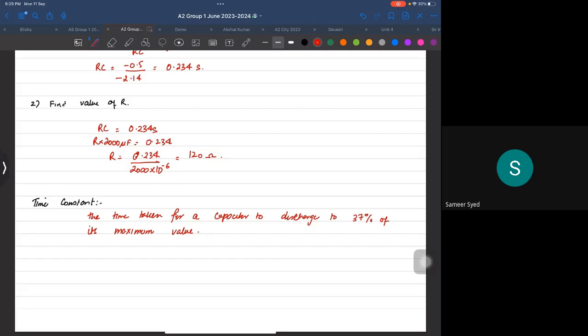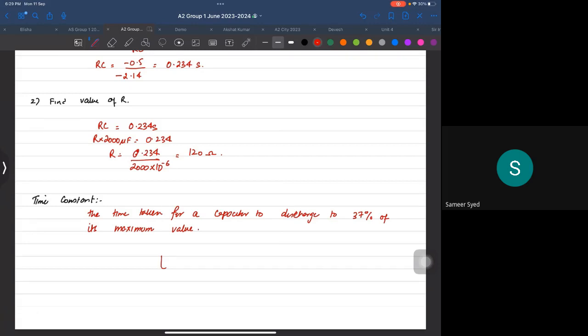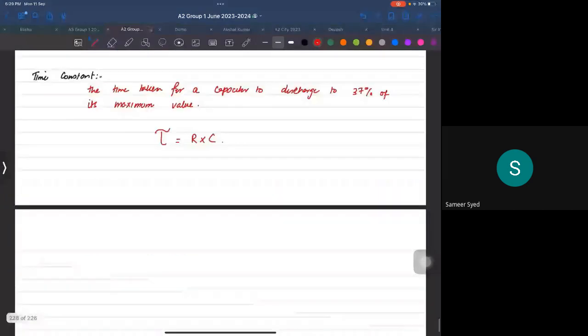I'll explain what this 37% is. The time constant is given by the symbol tau, and it is equal to R times C. So this RC that we found is basically the time constant. Do you guys get it? Please write this down so I can go to the next page.